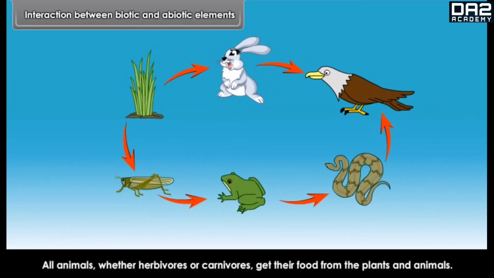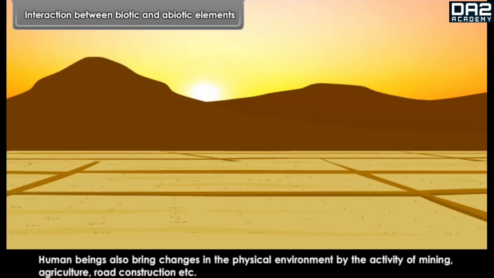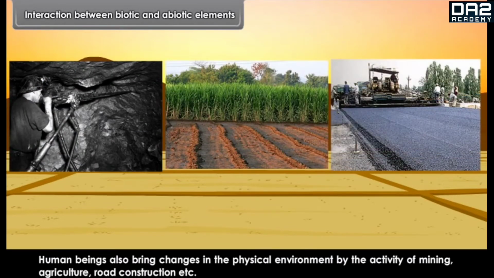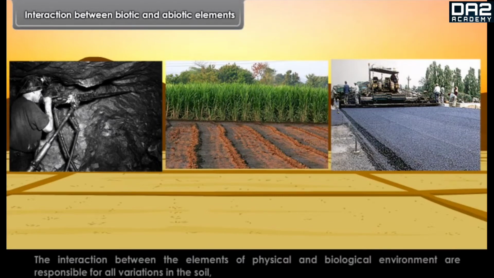Human beings also bring changes in the physical environment by the activity of mining, agriculture, road construction, etc. The interaction between the elements of physical and biological environment is responsible for all variations in the soil, vegetation, and distribution of plants and animals.